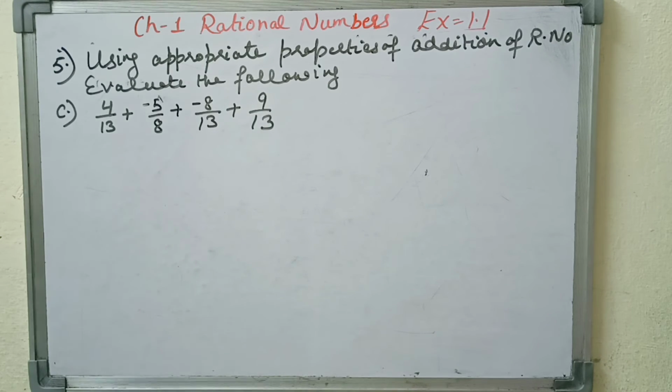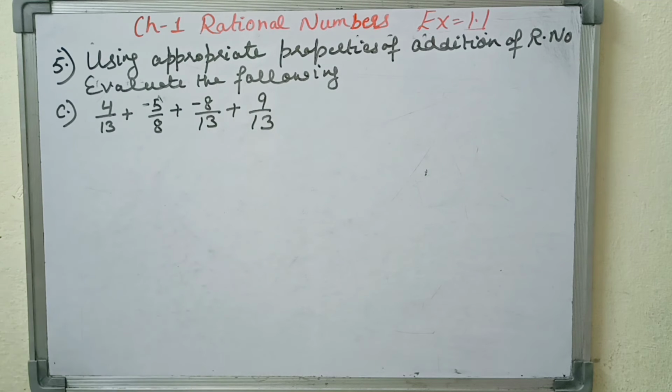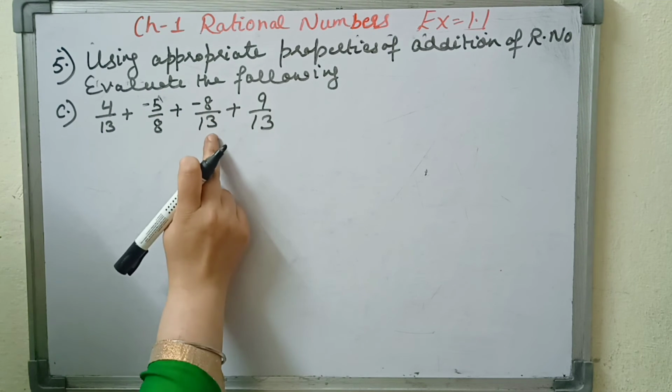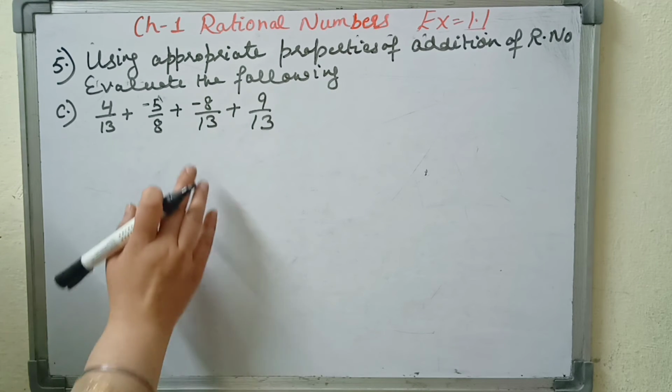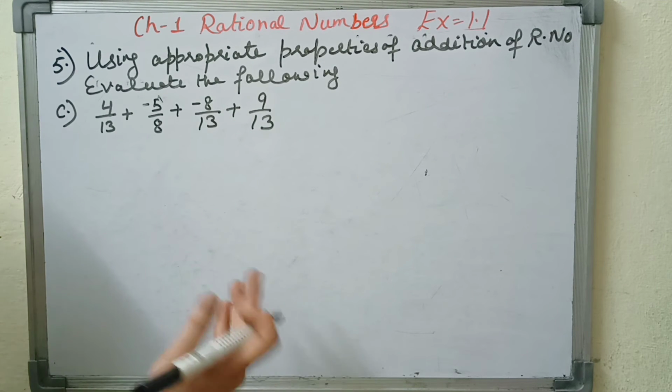Fifth sum is, using the appropriate property of addition of rational numbers, evaluate the following. The C part is 4 over 13 plus minus 5 over 8 plus minus 8 over 13 plus 9 over 13. Now, everybody knows, according to the associative property, we can add by grouping them in different ways.